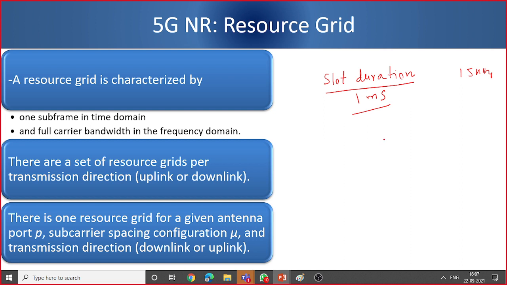Is that okay? Is this resource block a variable function for a single user, or does it have to be the same? So the resource grid is standard. Now out of the resource grid, how much resource is allocated to me? When I say resource, it is the number of symbols and number of subcarriers in a 1 millisecond duration, right?